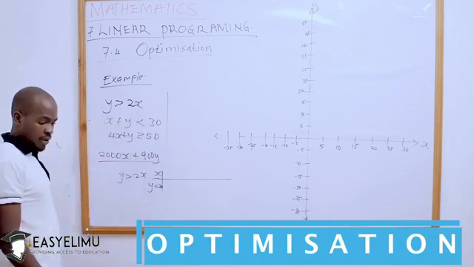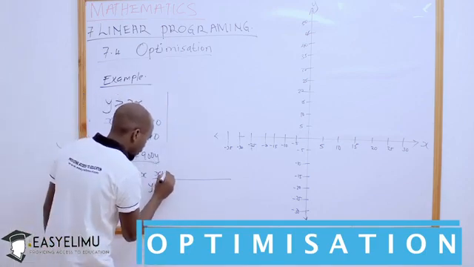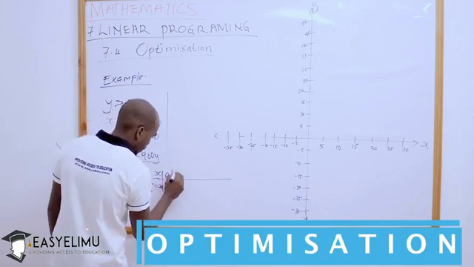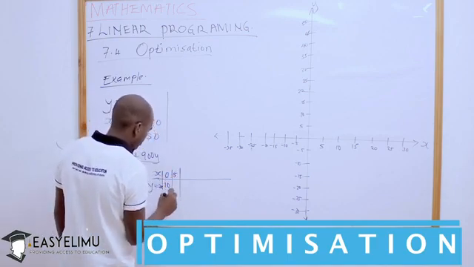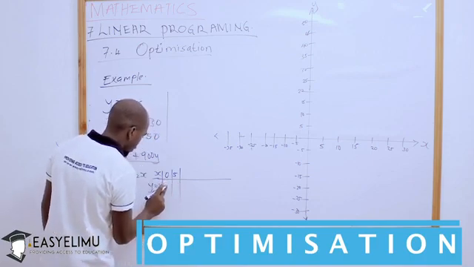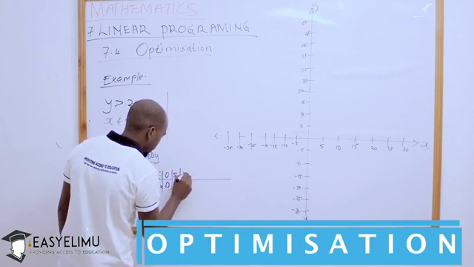Actually, let me use that because it is the simplest way. If x is 0, y will be 0. If x is 5, y will be 10.